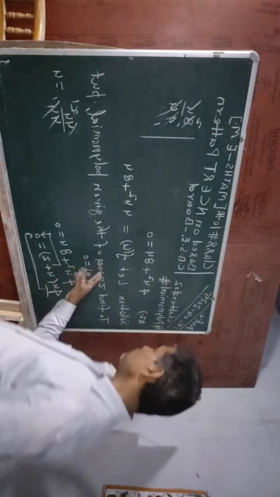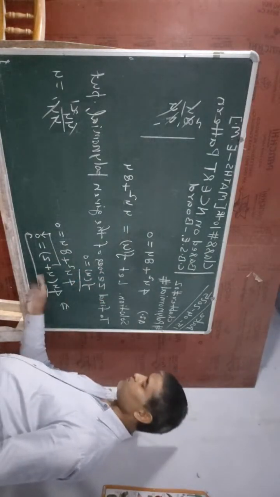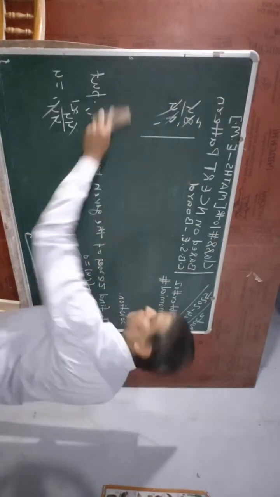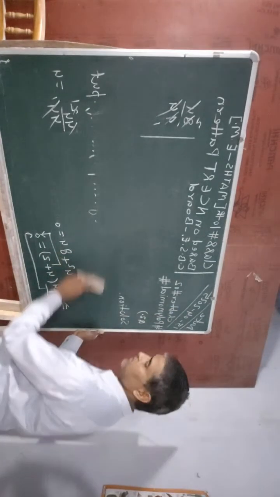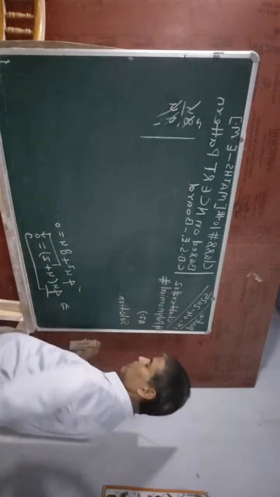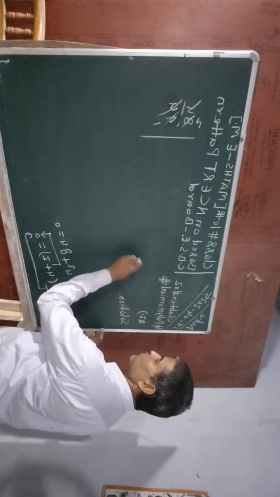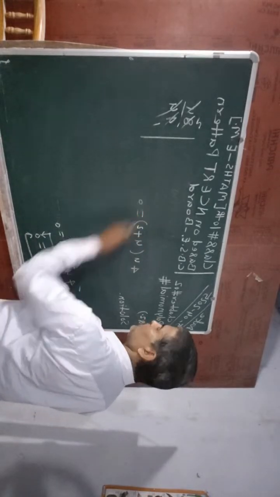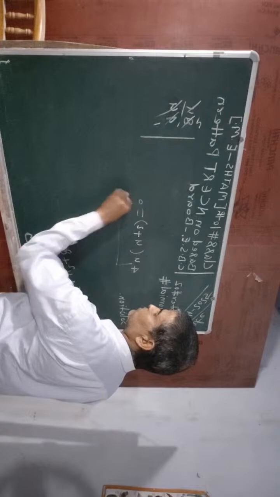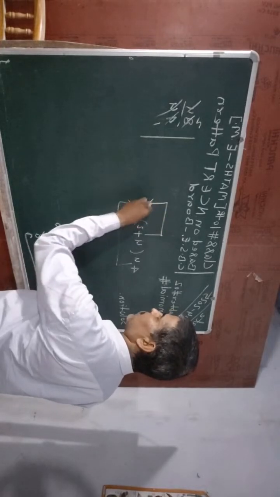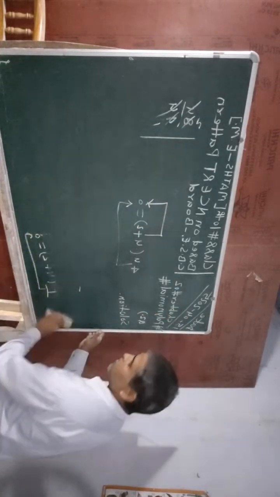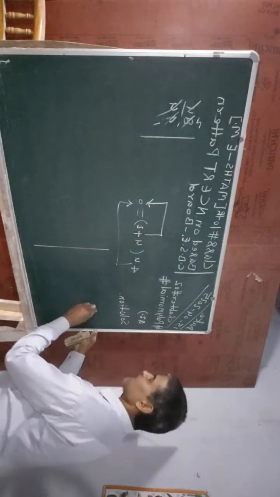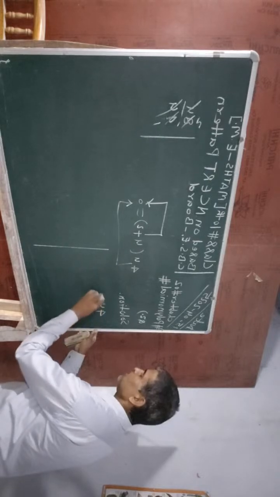Okay, student, so I am going to erase this one, and I will solve this term. So here I will write 4u in the bracket u plus 2 is equal to 0. Now the first term I am going to put 0, and the second term I am also going to put 0. So on the left hand side I will write 4u is equal to 0.